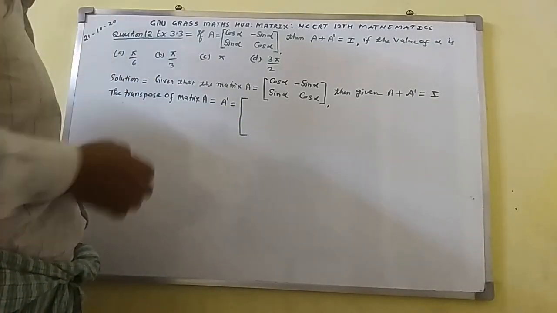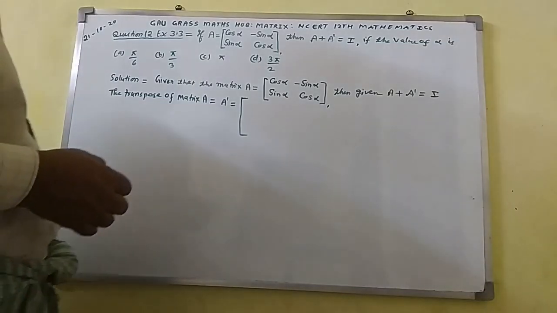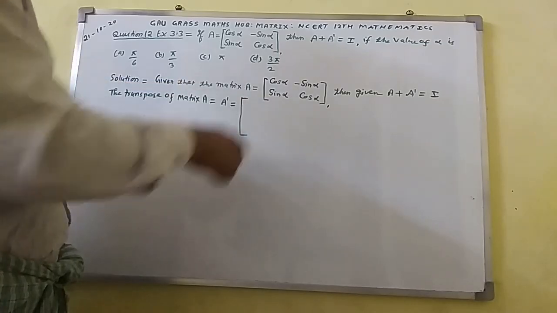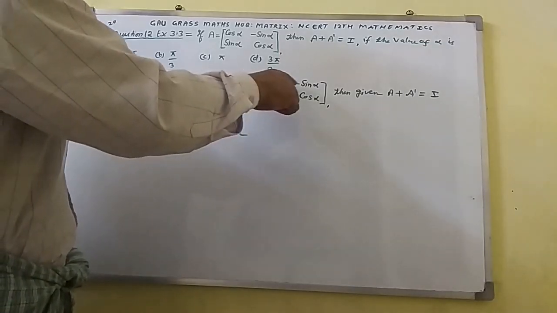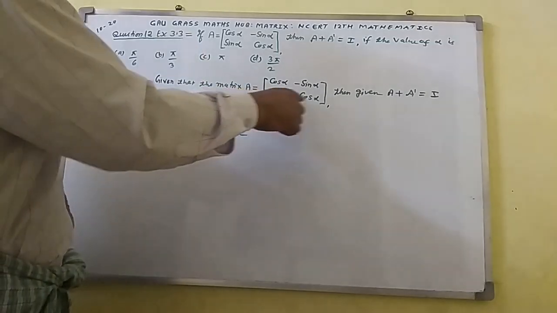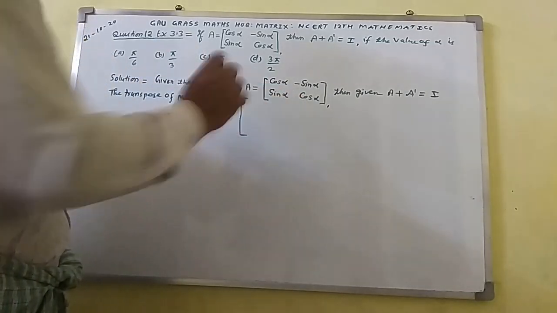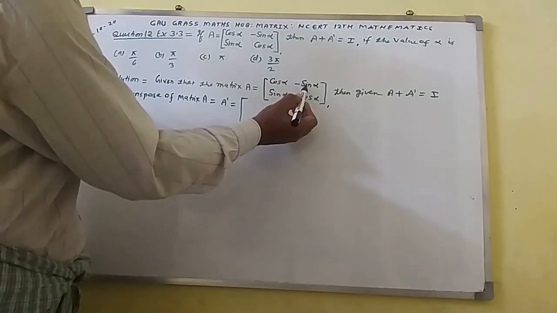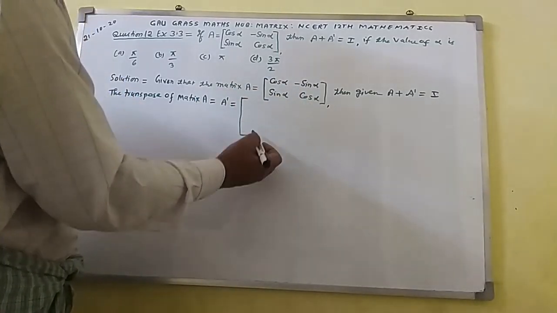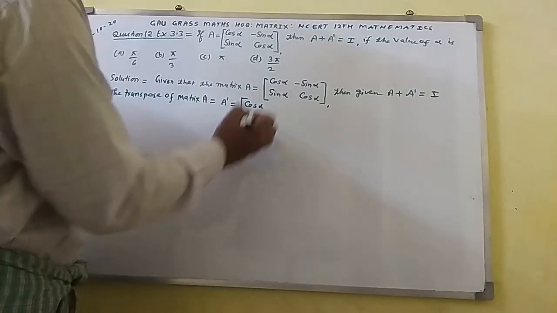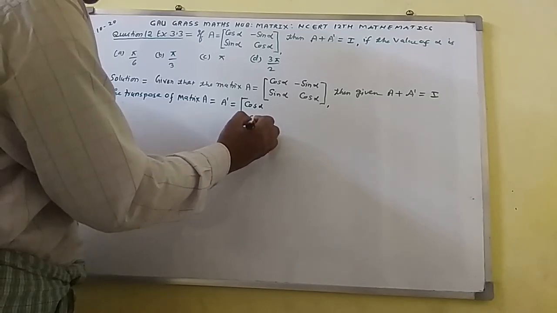So if I get the transpose of the given matrix A, the first row will become the first column, the second row will become the second column. This is the first row. The first row will become the first column, so I shall write cos alpha, minus sin alpha.